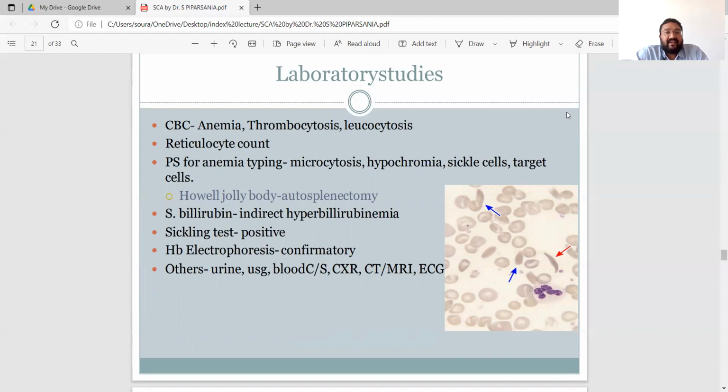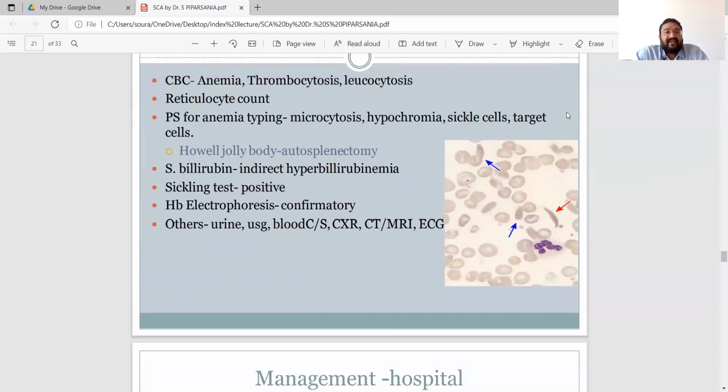Howell-Jolly bodies are seen in patients who have undergone autosplenectomy. Serum bilirubin levels may be raised, and the type of hyperbilirubinemia is usually indirect. The sickling test is positive, and diagnosis is confirmed by hemoglobin electrophoresis.